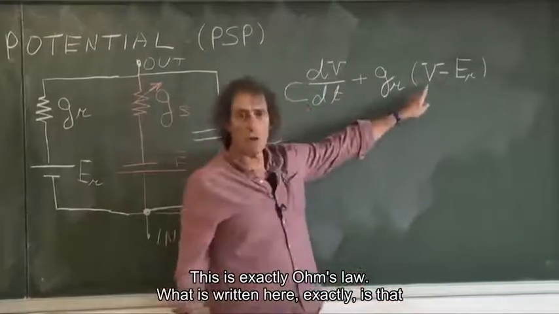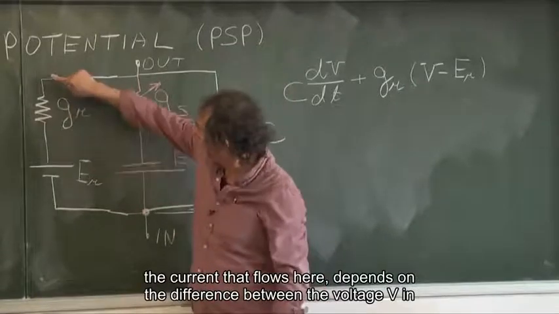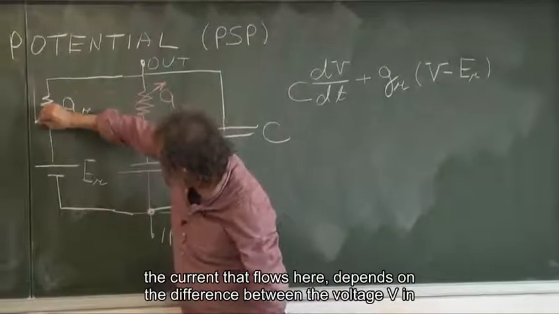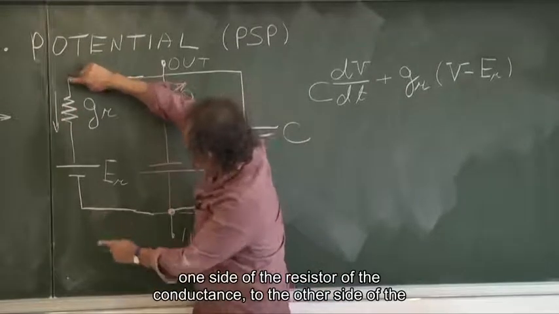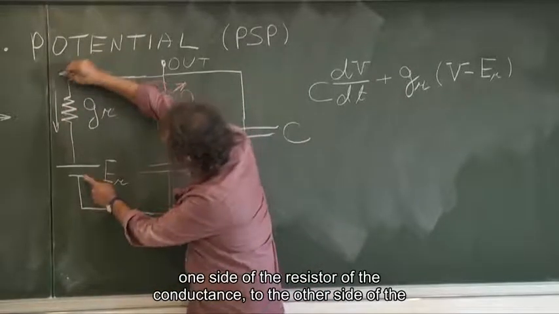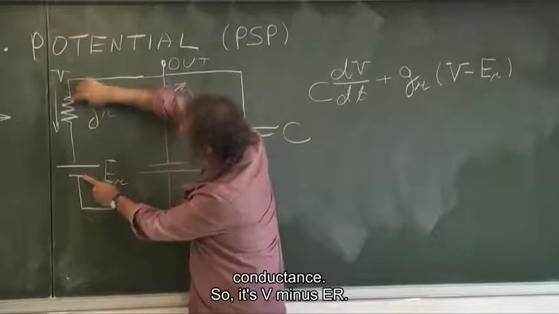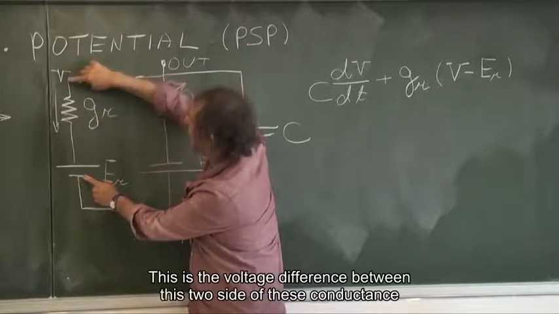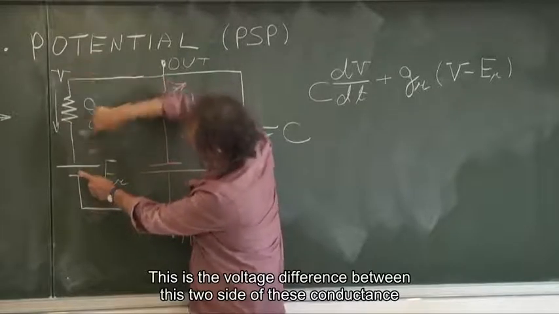This is exactly Ohm's law. What is written here exactly is that the current that flows here depends on the difference between the voltage V on one side of the resistor, of the conductance, to the other side of the conductance. So it's V minus E rest.